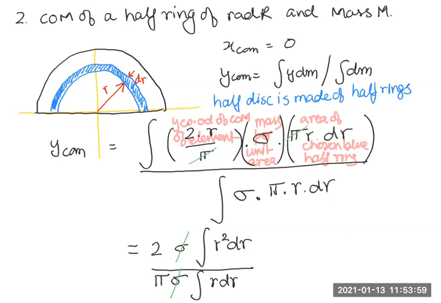For the limits of integration, I have to look at the element which is the smallest and the element which is the largest. Basically I have to look at elements that lie at the extremes, and then I have to decide the value of the variable, in this case small r, for these extreme elements.